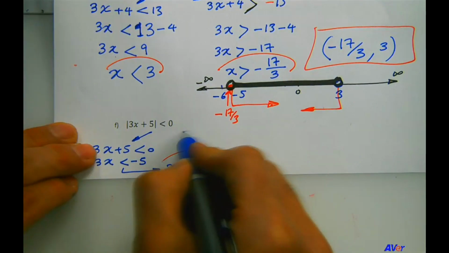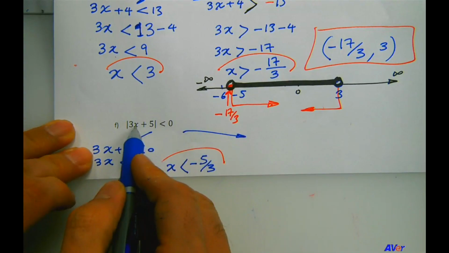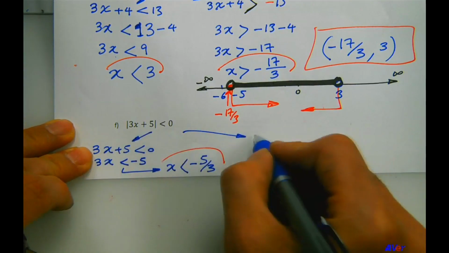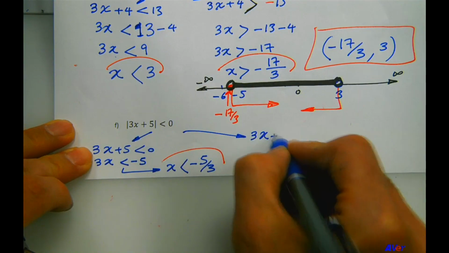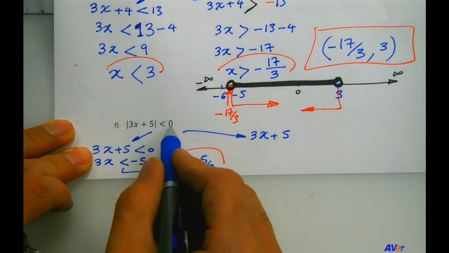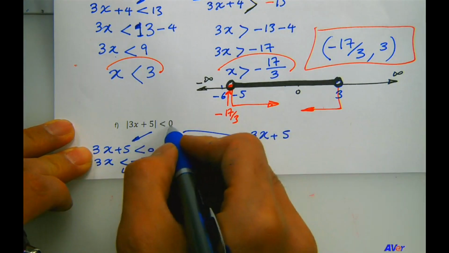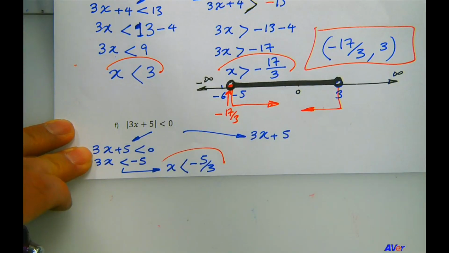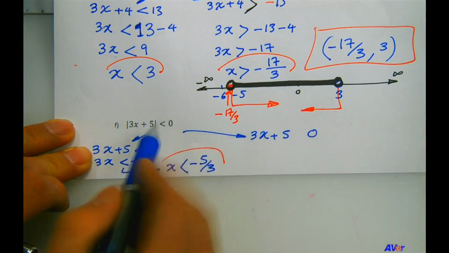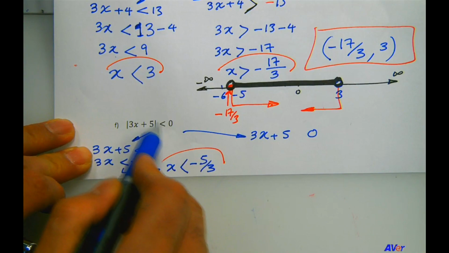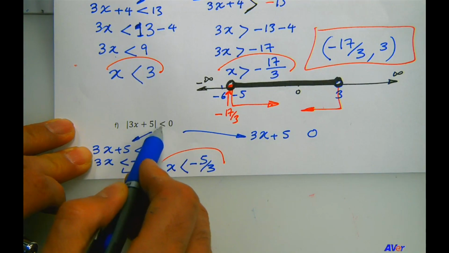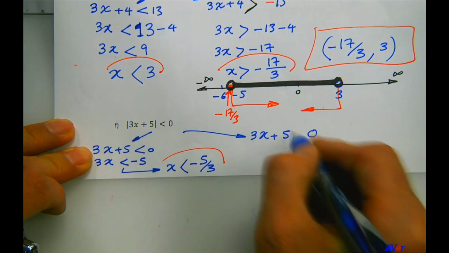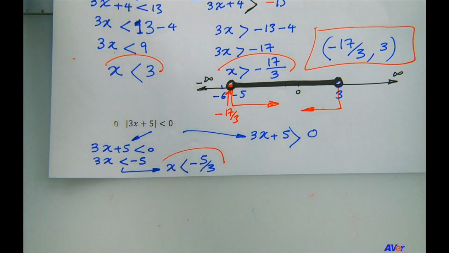The other solution will come from the inside of the absolute value as it is. You multiply 0 by negative 1, what do you get? You get 0. But don't forget that we're still multiplying the inequality symbol by negative 1 too. So that one is going to change direction.